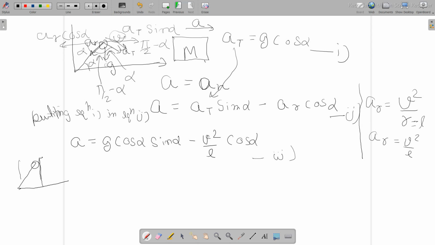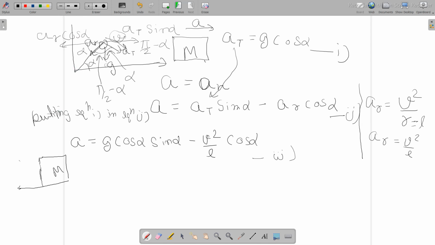So this is capital mass M. To make it easier to understand, assume that it is capital M, making a free body diagram.